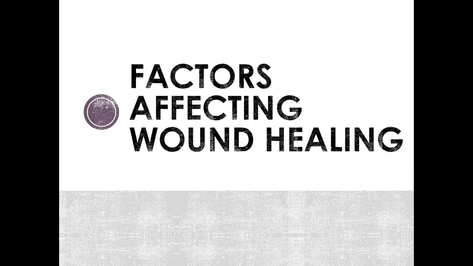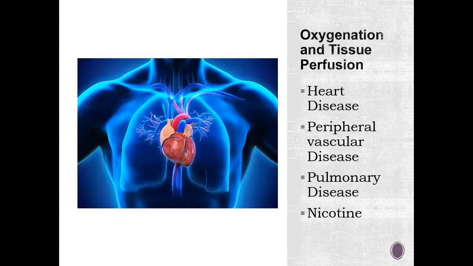So, factors affecting your wound's ability to heal. One main factor would be your perfusion, right? So all cells in the body need oxygen to function properly. Specifically, chronic tissue hypoxia is associated with the reduction in collagen formation and a decrease in the action and proliferation of fibroblasts, a reduction in leukocytes, and an impairment of the cell's ability to migrate.